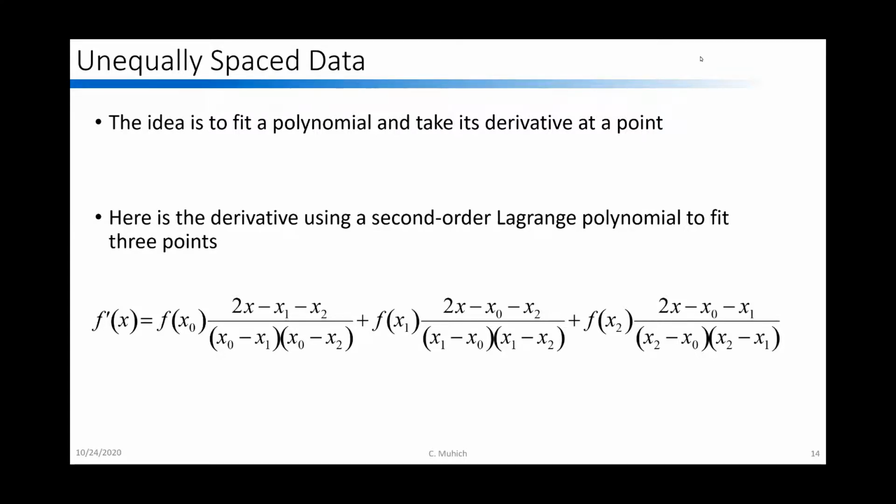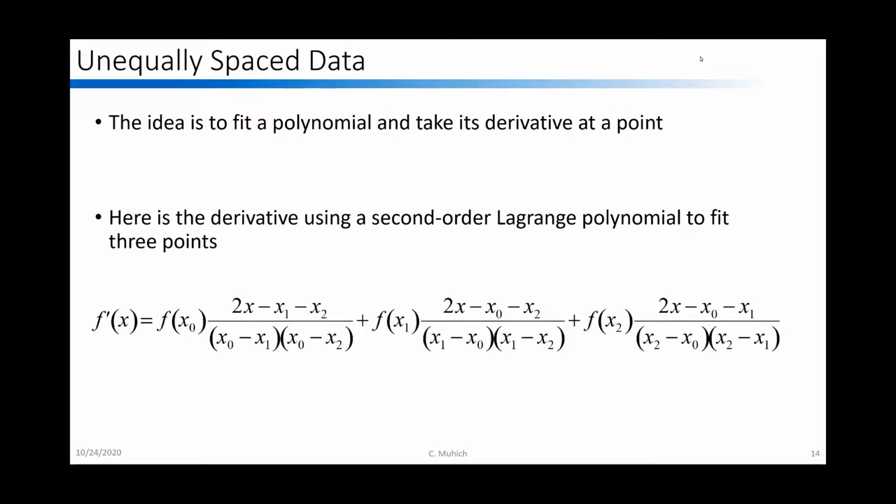We may not have an infinitely large data set or a way to repeat that. And usually we don't have a perfect spacing of the data. So one way to deal with this is to fit a polynomial to the unequally spaced data that we do have, and then take its derivative.